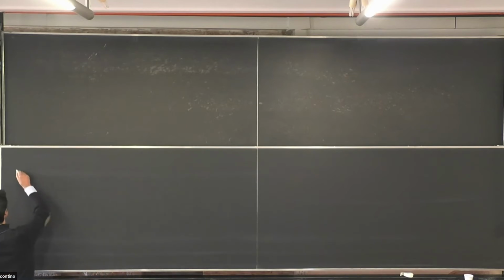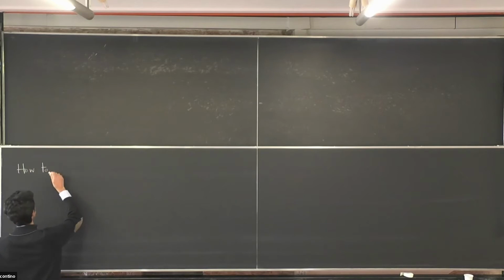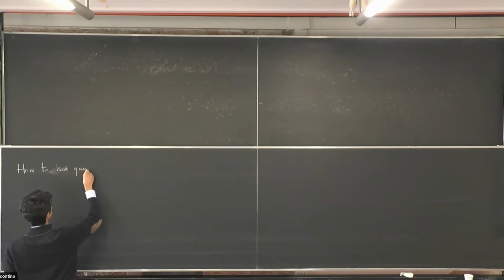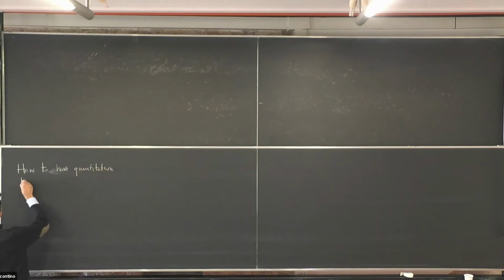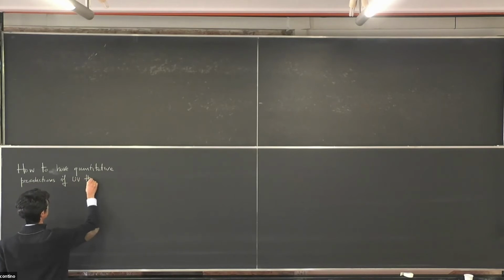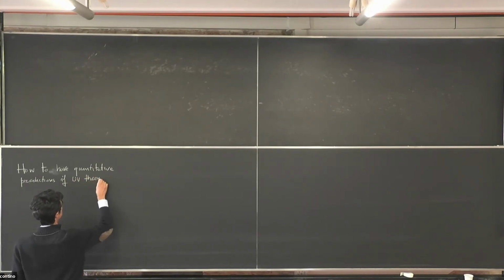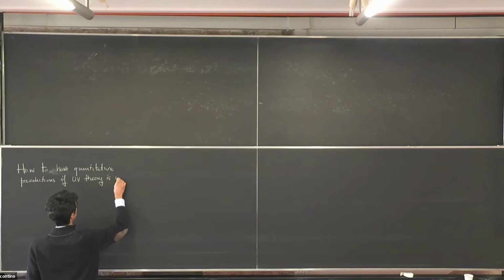So, how to compute, or if you want to have quantitative predictions if the UV theory is unknown.